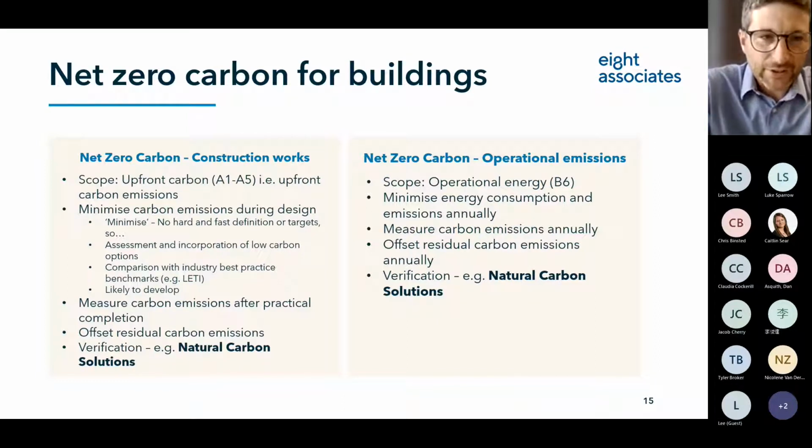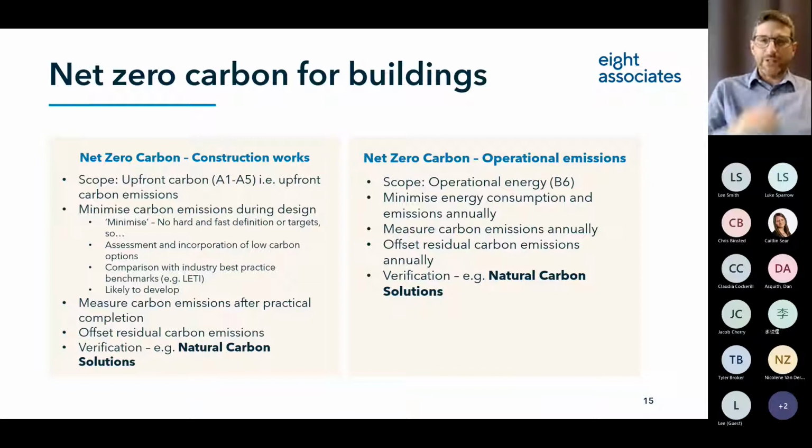So for the construction works, this is about looking at this upfront scope, A1 to A5, trying to minimise the carbon emissions during the design stage. So this is a bit tricky because the word minimise, it's not fully defined what that means generally in net zero carbon initiatives and standards.